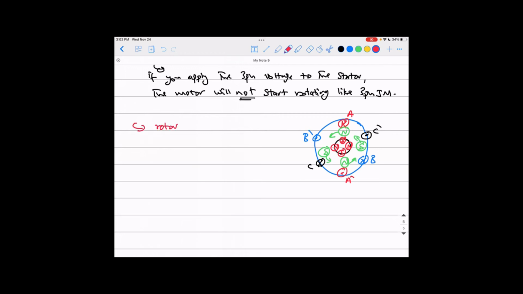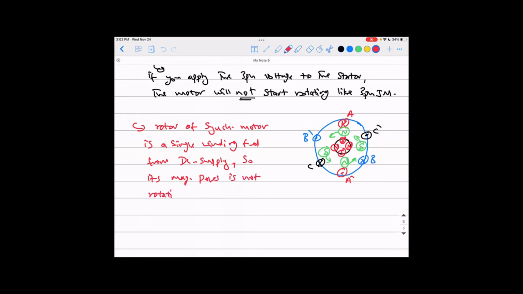So the rotor of the synchronous motor is a single winding fed from DC supply, so its magnetic poles are not rotating like the ones of the stator, okay?